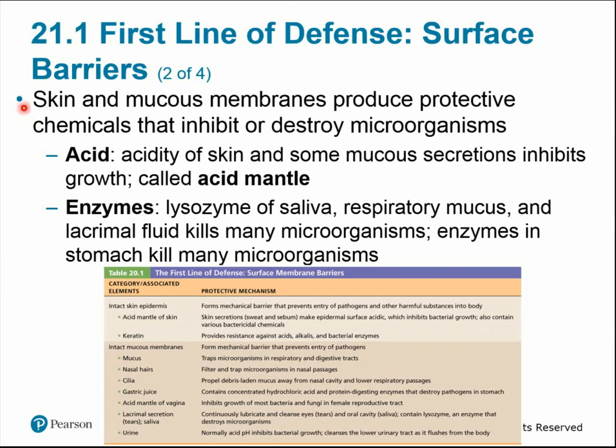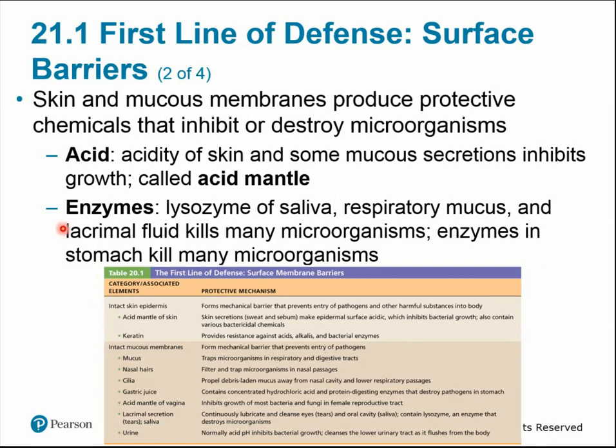The skin and mucous membranes can produce some protective chemicals to either inhibit or destroy these microorganisms. One is acid. The skin is slightly acidic and has some secretions to inhibit bacterial growth, which makes up what's called the acid mantle of the skin.